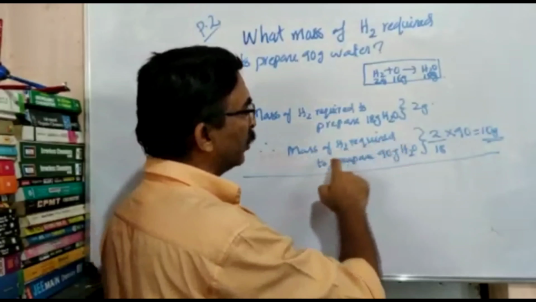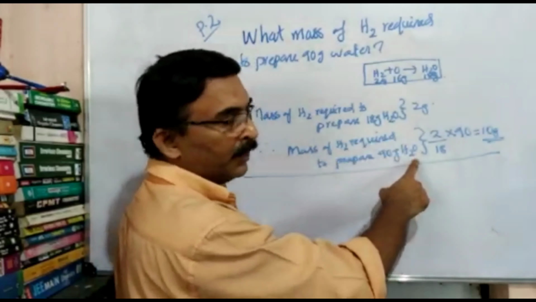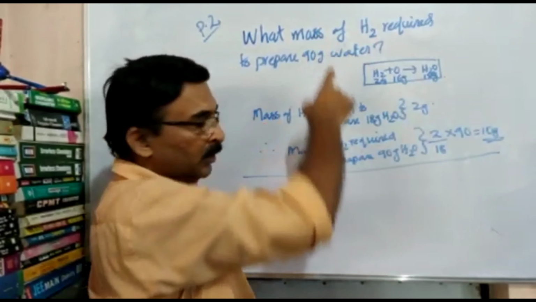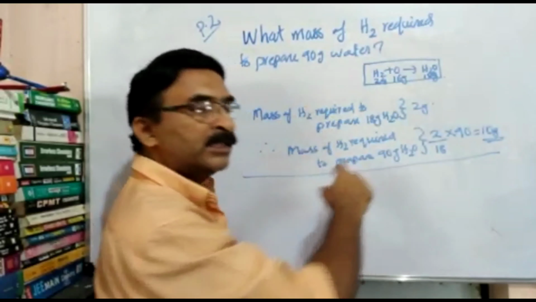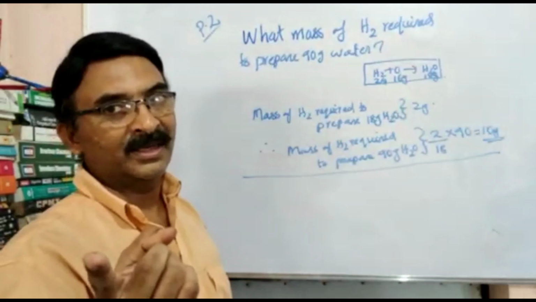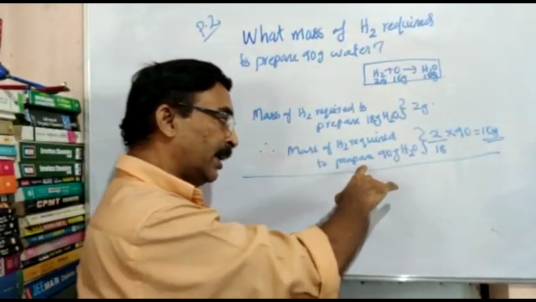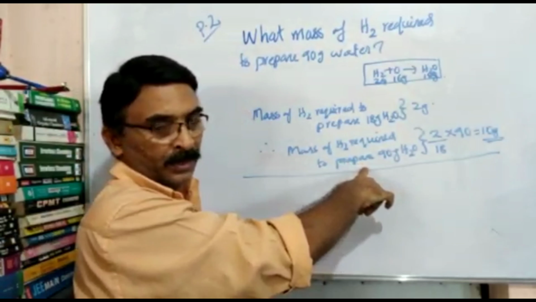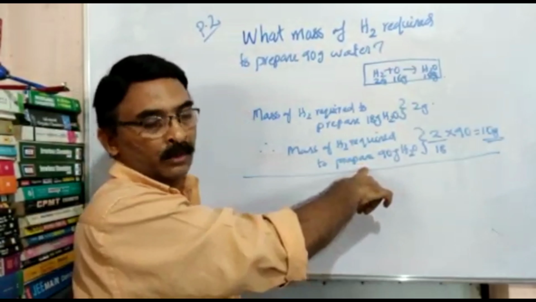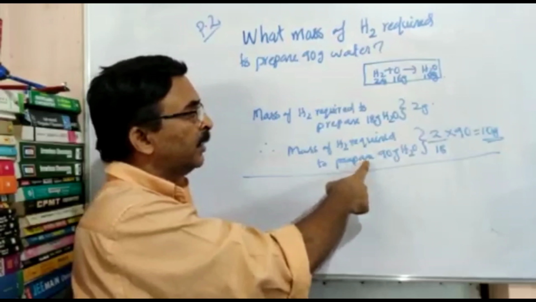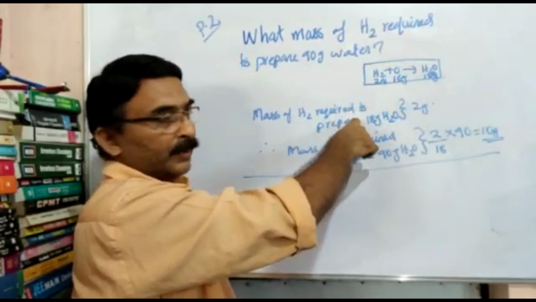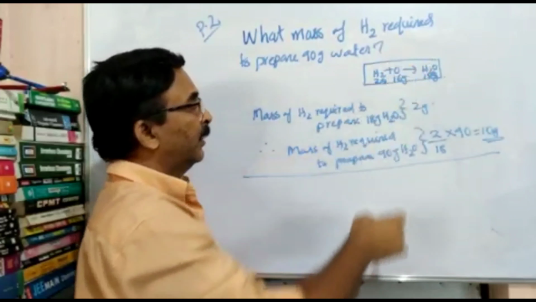Therefore, mass of hydrogen required to prepare 90 gram water, because that was what is asked in the question. So, we are actually having this last step in our mind first. That comes to our mind first. Then we will think how to get that, from this basic idea.